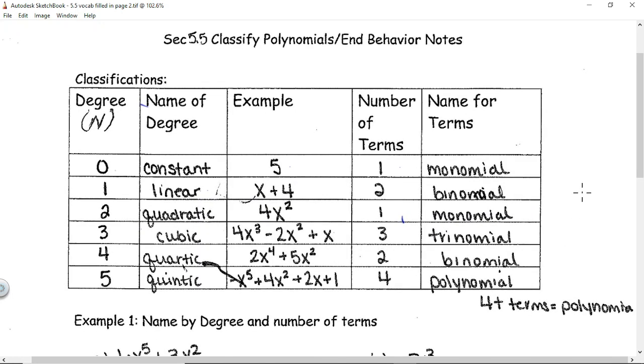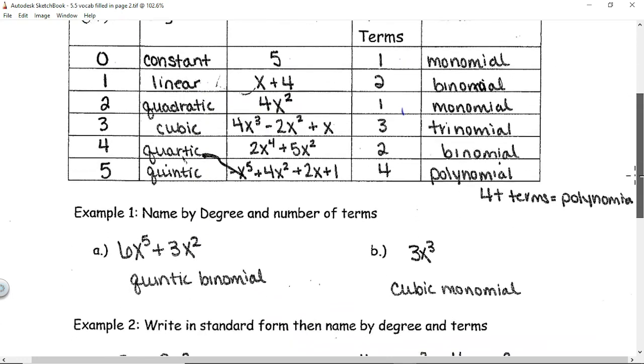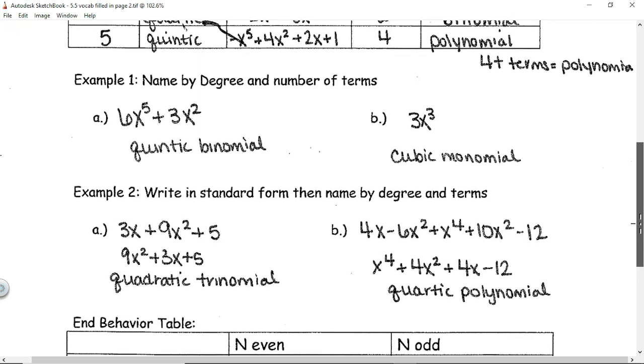Okay. Of course, the other terminology this includes is for the degree of the polynomial, you have these terms. Degree 1 is linear, 2 is quadratic, 3 is cubic, 4 is quartic, 5 is quintic. Okay, so we got a couple examples here.